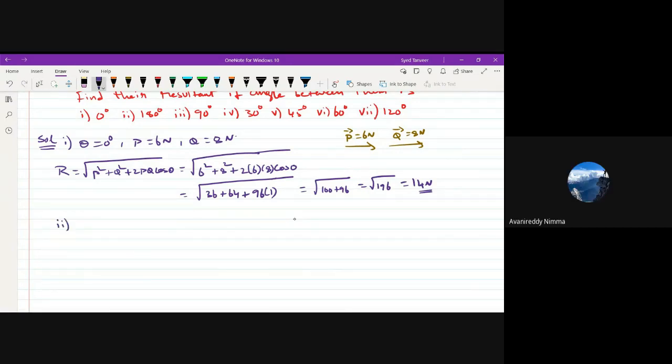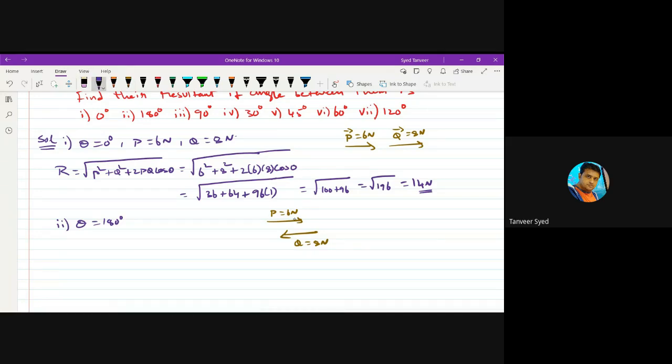Second, theta is equal to 180 degree. That means the two vectors are like this. Vector P is 6 Newton, vector Q is 8 Newton, and they are opposite to each other.